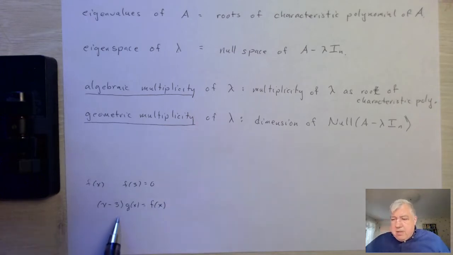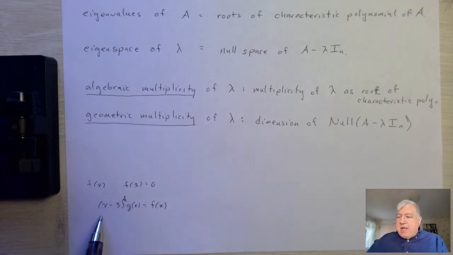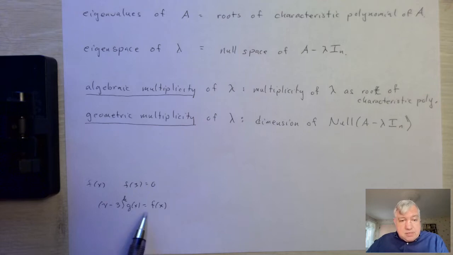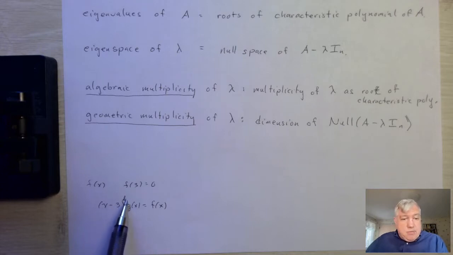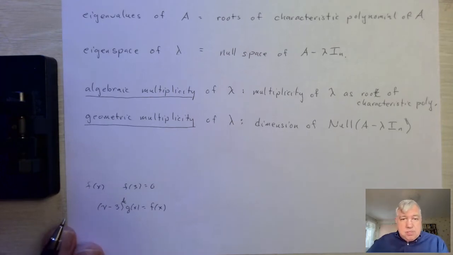But x minus 3 might appear several times. So maybe we can write f of x as x minus 3 to the k times g of x, and as long as 3 is not a root of g of x, then x minus 3 doesn't divide g of x. So we would say the algebraic multiplicity of 3 is k, whatever this number k is. That's the algebraic multiplicity.